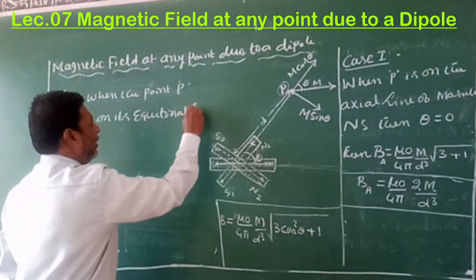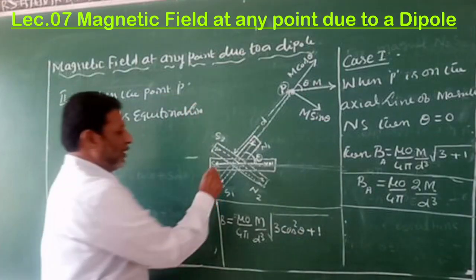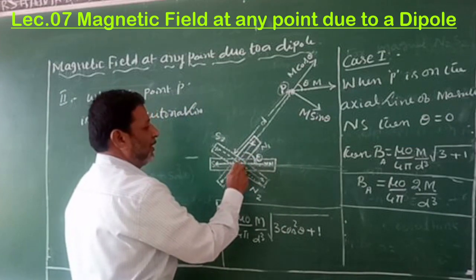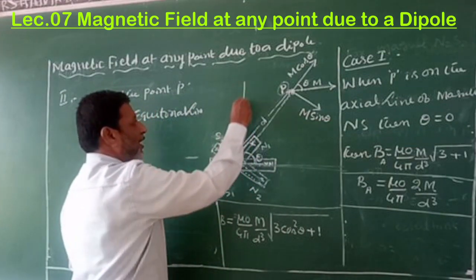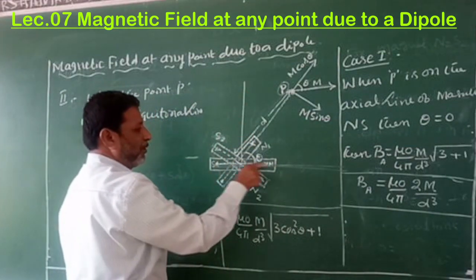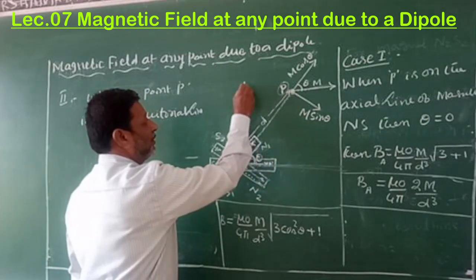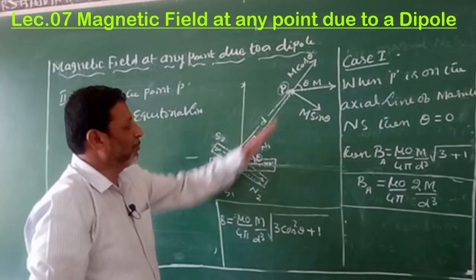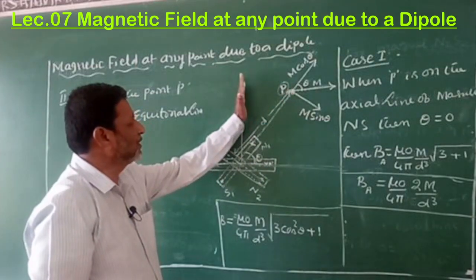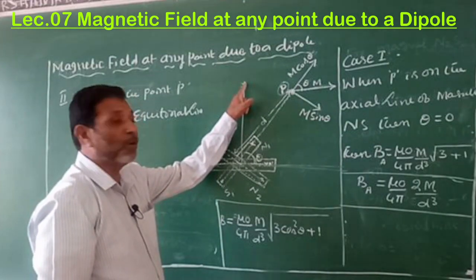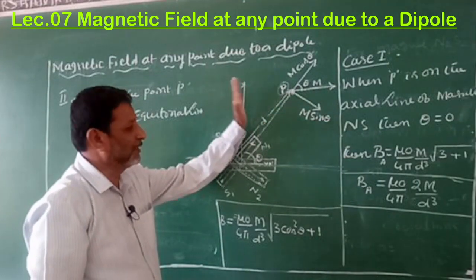Equatorial line means, now this is the magnet and this is the center. Then the line passing through the center perpendicular to the axial line is the equatorial line. When this point comes here, theta increases, and when it comes on the equatorial line, theta will be equal to 90 degrees.